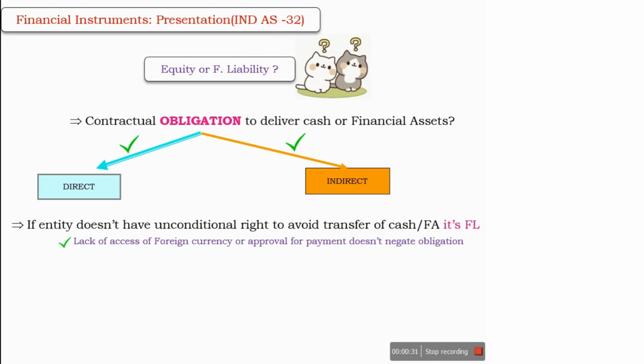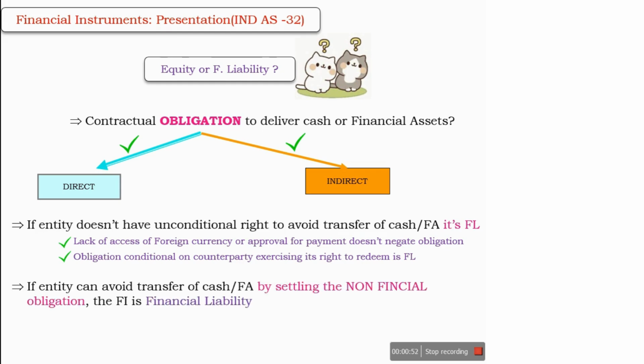Lack of access to foreign funds or approval for payment does not negate the obligation to classify the instrument as a financial liability. Further, an obligation that is conditional on the counterparty exercising rights or not to redeem the instrument will be classified as a financial liability. Another case is if the entity can avoid the transfer of cash or financial asset by settling a non-financial obligation.